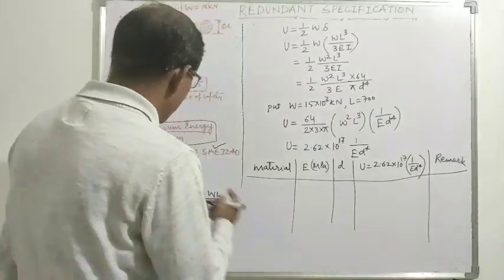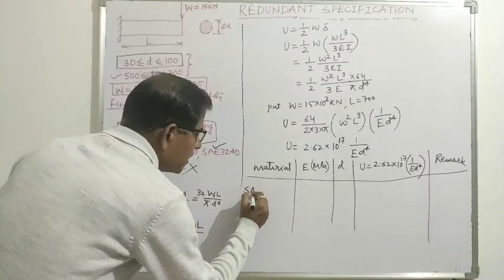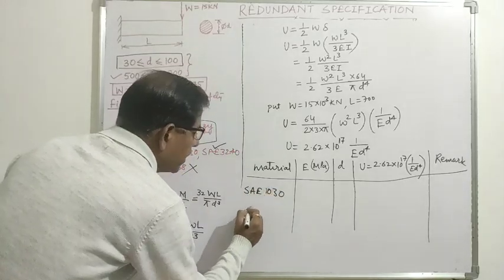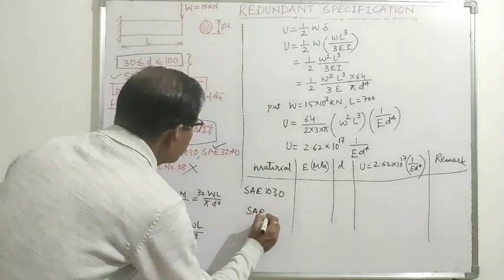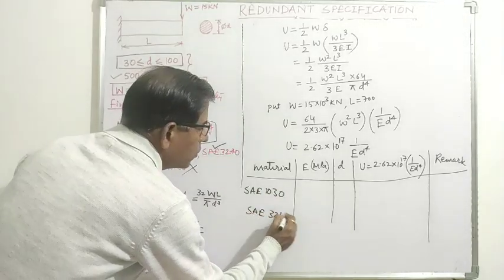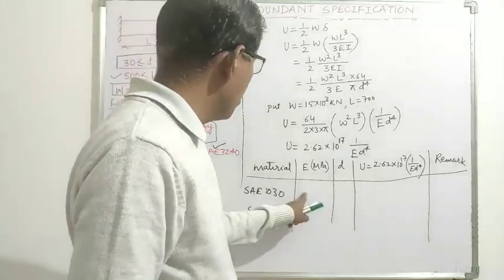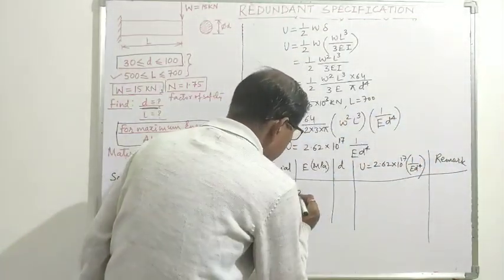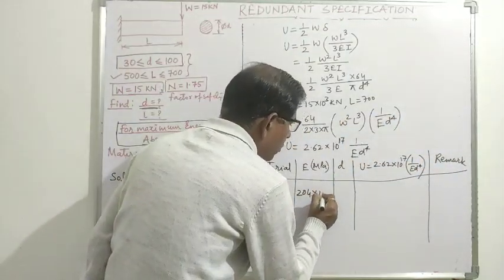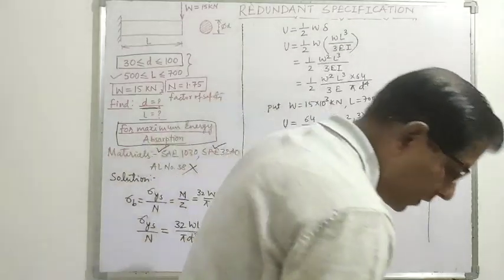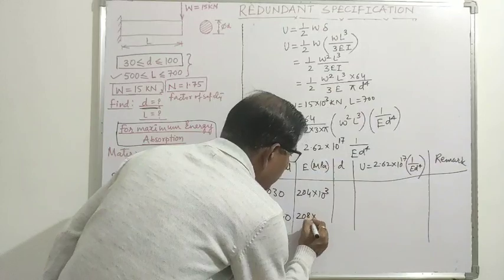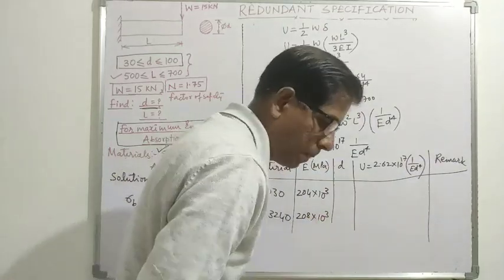First is SAE 1030 and SAE 3240. Young's modulus for SAE 1030 is 204 × 10^3, and that of SAE 3240 is 208 × 10^3.